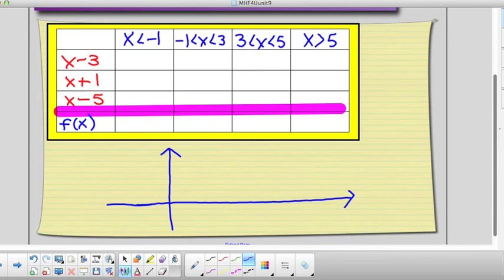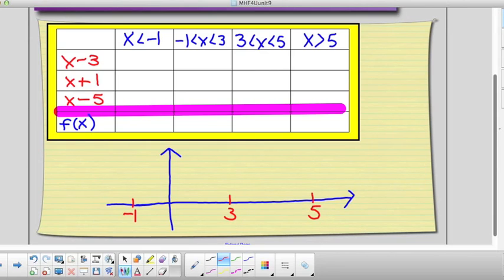Does that make sense? So I'm going to write down my roots: -1, then +3, and +5.